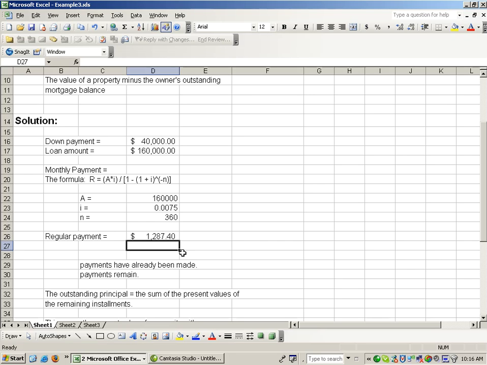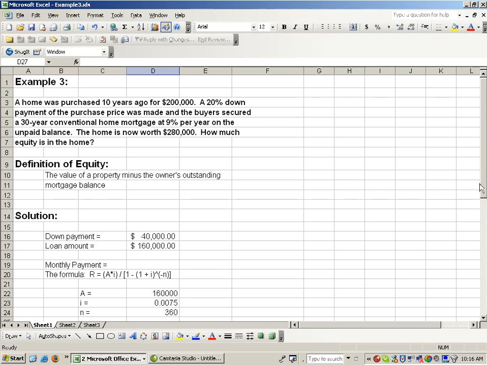So now they've been making payments already. Okay, let's see. The home was purchased 10 years ago. So they've been paying on the house for 10 years of the 30 years.